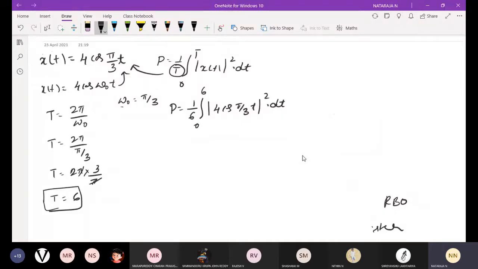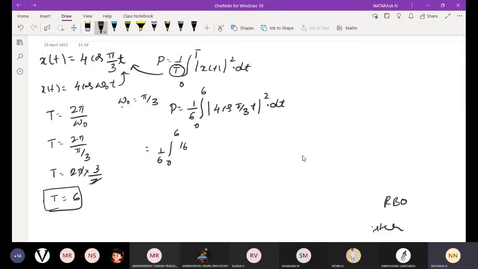Now the next step, what are we going to do? This is with respect to cos square, in terms of cos square theta. Now I am going to change the relation with respect to 1 over 6 integral from 0 to 6. Then 4 square we are going to get 16. Next we have cos square theta.